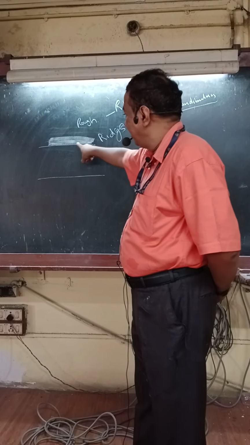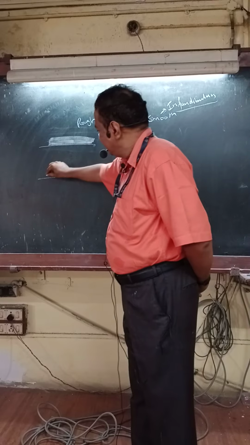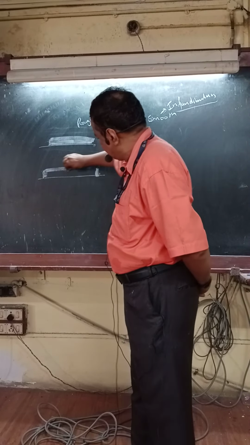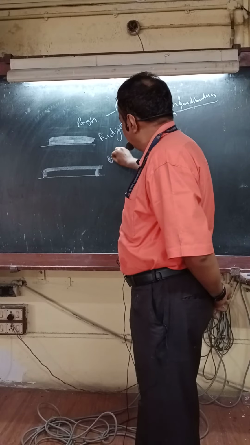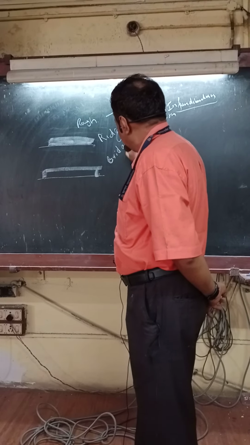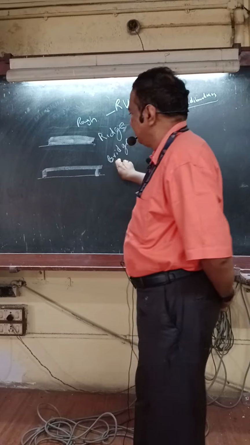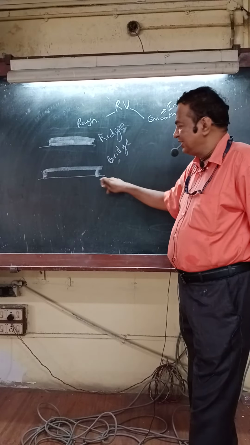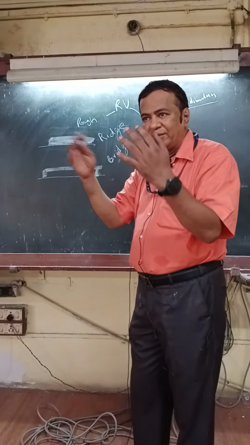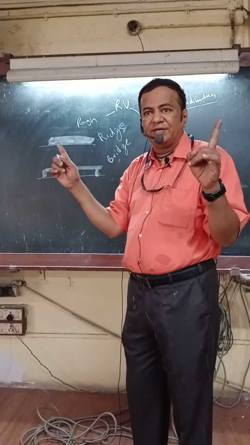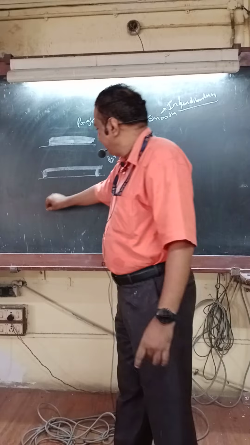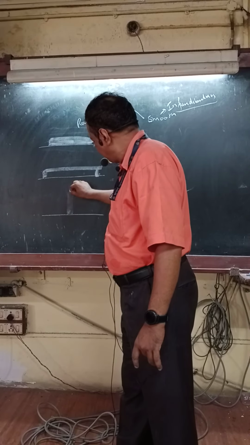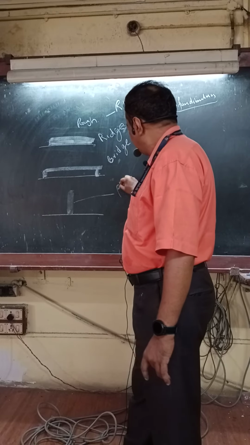This is the wall, and above this there will be a ridge. Then what is a bridge? Bridges are open in the middle and connected at two ends. And then pillars.